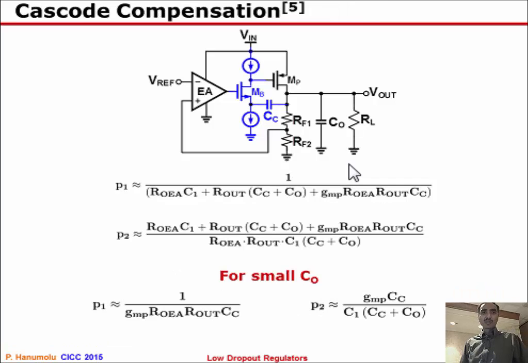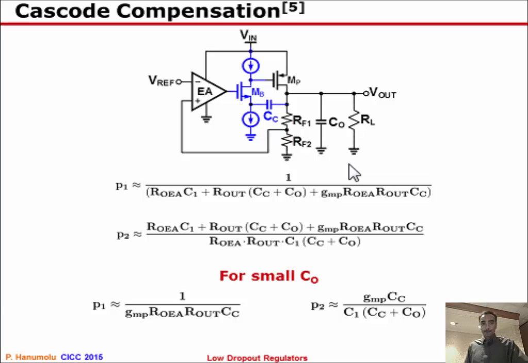Let me just very quickly go through how the pole frequencies are going to vary when you change the load capacitance. For very small capacitances, if you put C0 to be very small compared to other capacitances, the poles are going to be these.